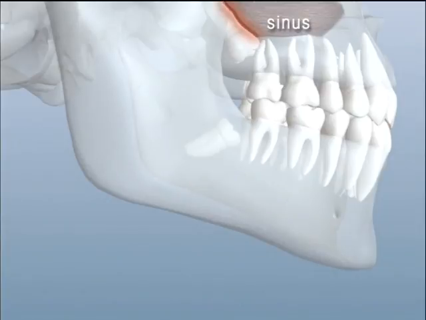Surgery in the upper jaw also bears the risk of complication, since the surgical site occasionally involves the sinus cavity. This may lead to a sinus complication that requires additional treatment, usually with antibiotics, but sometimes will require additional surgery to repair.